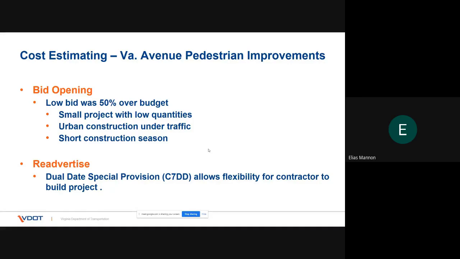We set the final completion date for December of 2022 and identified the project duration for 120 days, but the contractor will be able to identify what 120-day window that they'll construct the project in between now and then. And so we already see that the plan holders list is longer than it was the first time for the first bidding. We have encouragement from central office that this is often a more successful bidding scenario. And so we're hopeful that the bids will be more favorable this time.